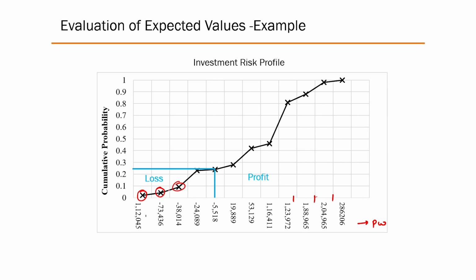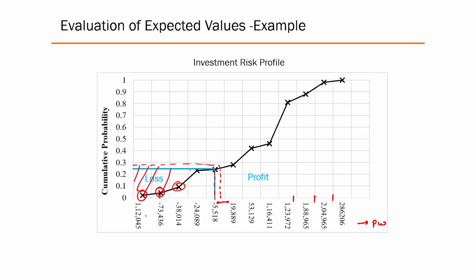Now, if you want to know, for example, what is the chance that your investment will actually give you a profit, you can draw a line over where the cash flow becomes just positive. Ideally this point will come somewhere in between, the way that we have plotted, and then you can read the corresponding value.